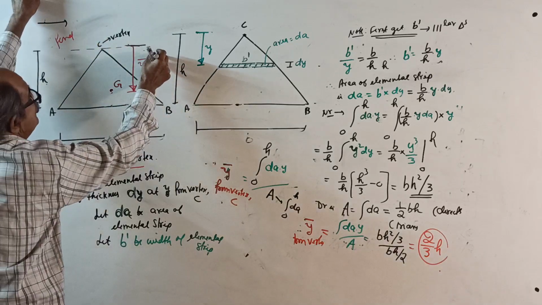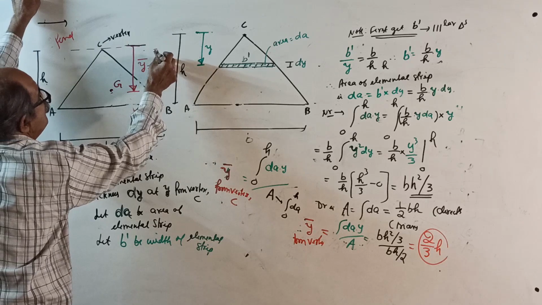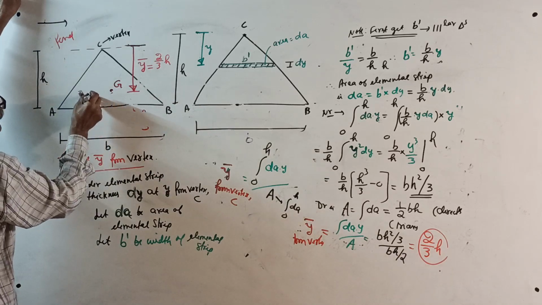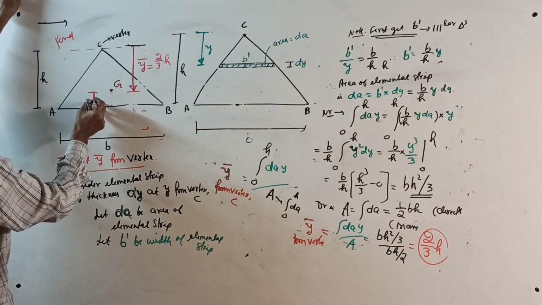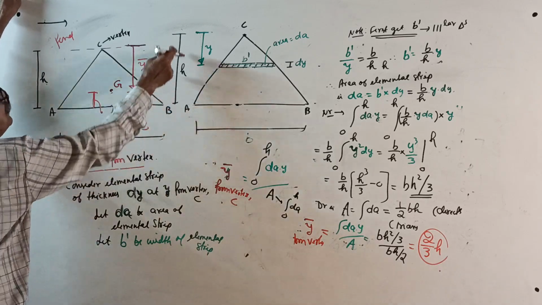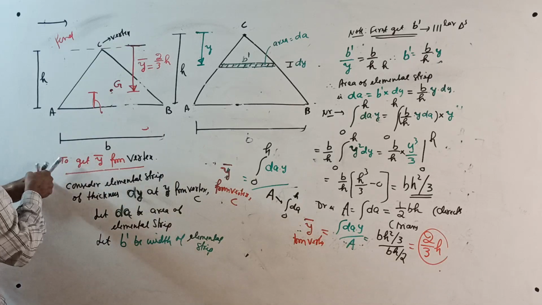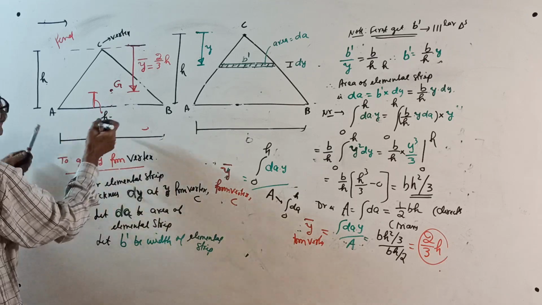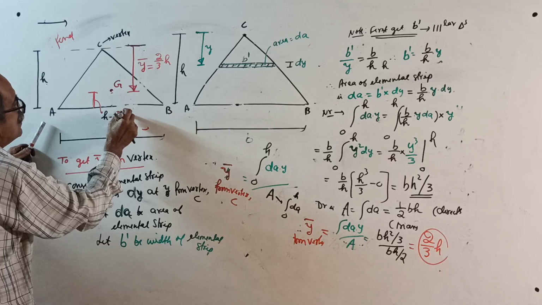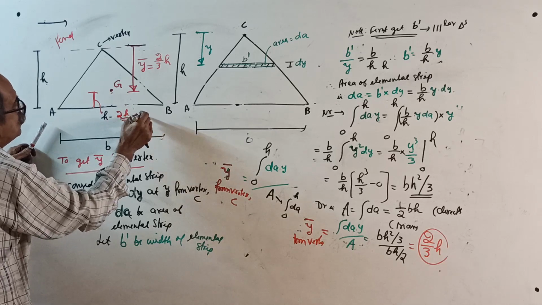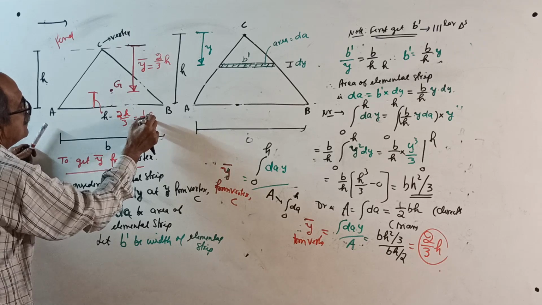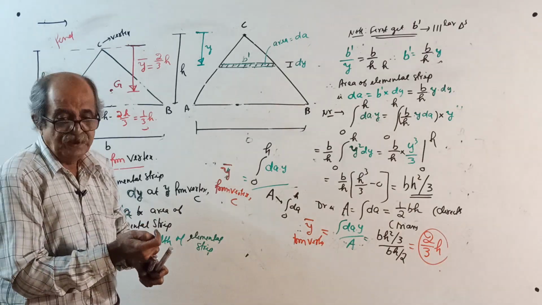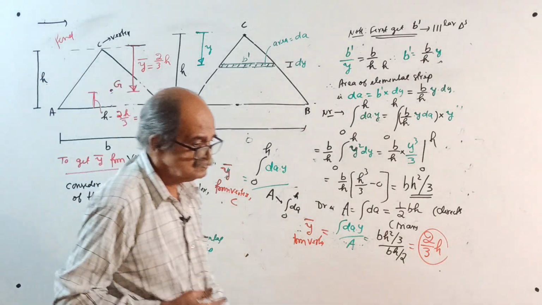The final answer is 2 by 3 of H. Then write, if you got 2 by 3H from there, then from here to here, this distance from the base will be, total being H, H minus 2H by 3, which equals 1 by 3H. Now make a final note. I am closing this portion now.